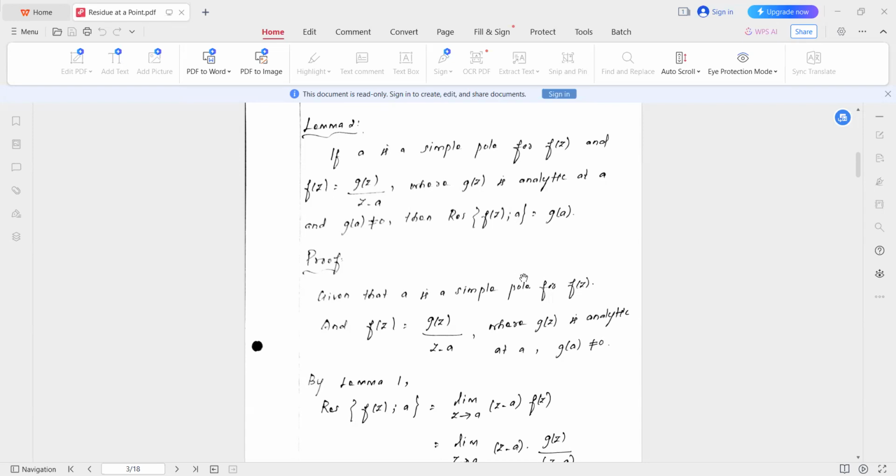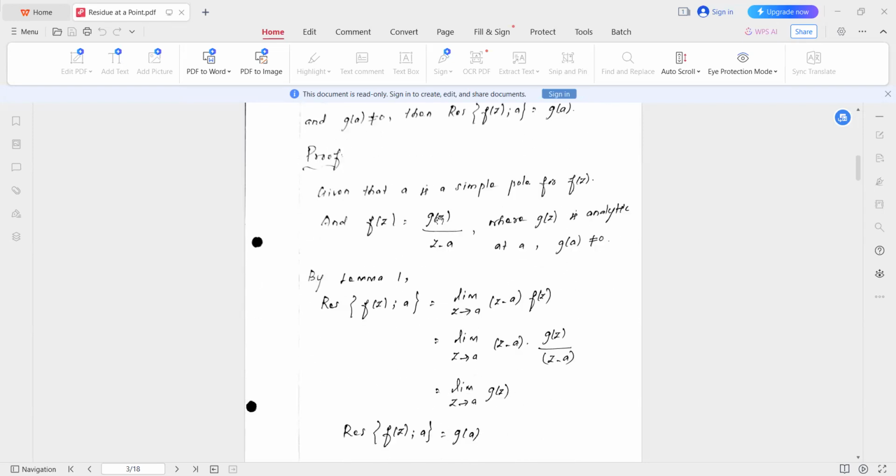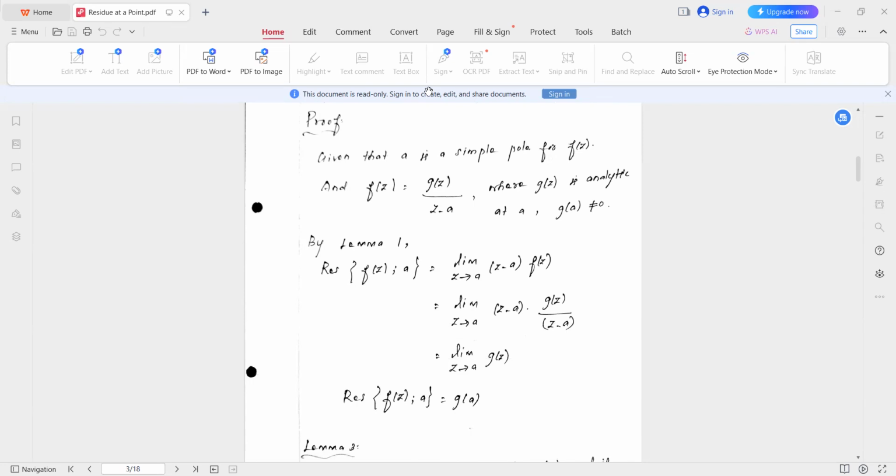Given that a is a simple pole for f of z and f of z is of the form g of z by z minus a, where g of z is analytic at a and g of a not equal to 0. Since a is a simple pole, by the previous lemma we have the residue of f of z at the point a is equal to limit z tends to a of z minus a into f of z.